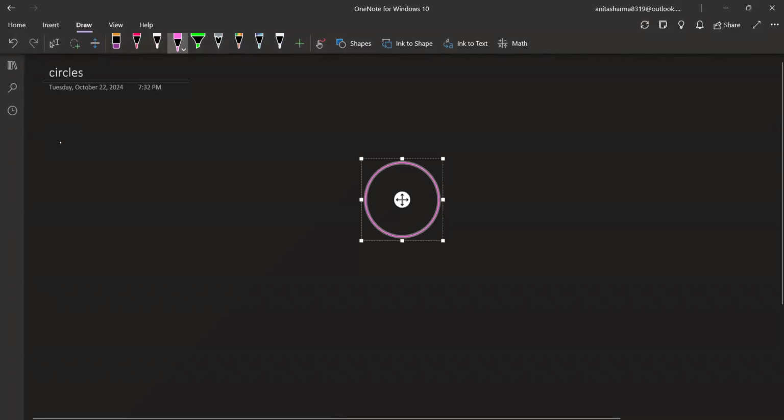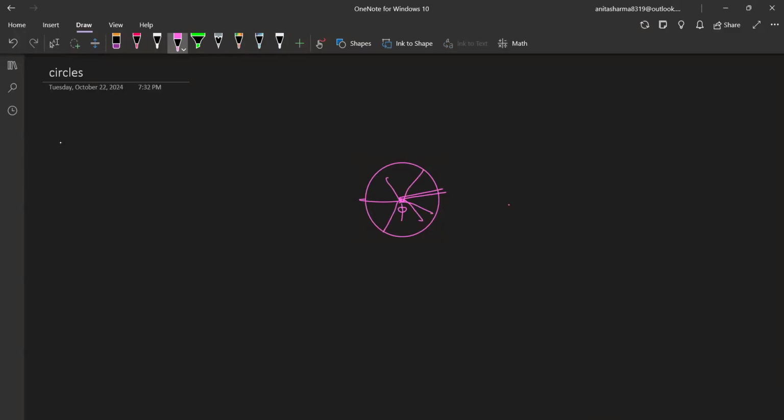This is your fixed point, this is your center. And from this fixed point, all these points have the same distance, a constant distance. These are called the radius, or you can say the radii.